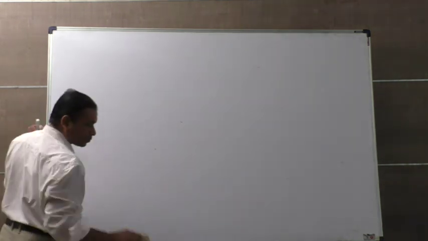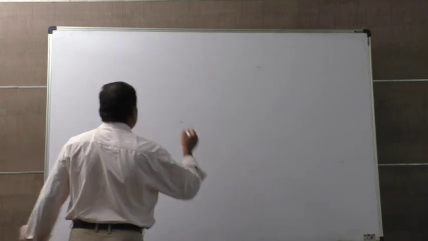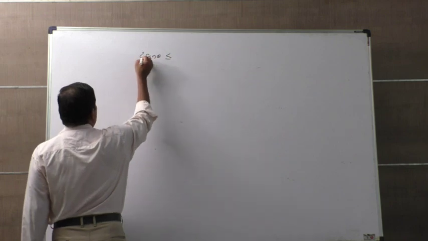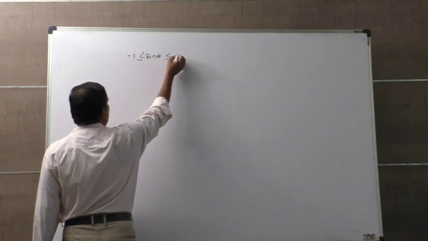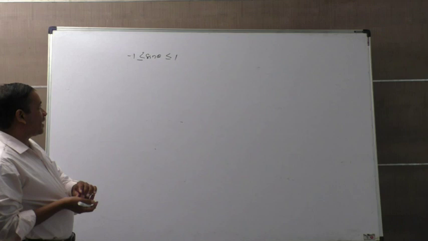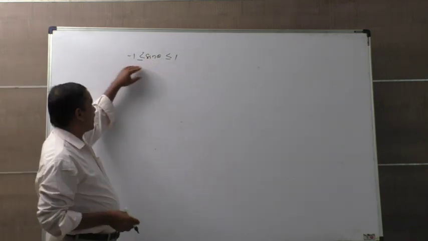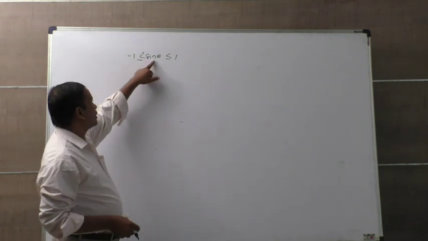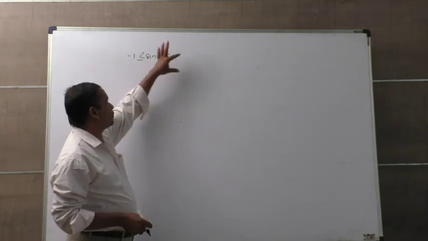Now, we know that sin theta lies between -1 to 1. That is, the range of sin theta is -1 to 1.